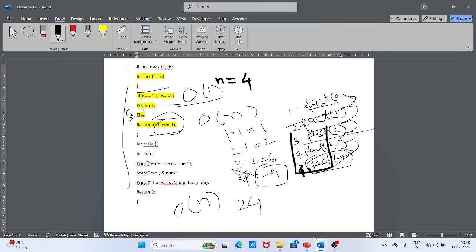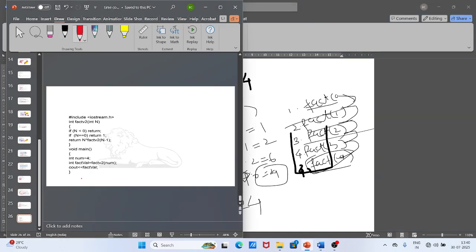Okay, so we come to the end. To summarize today's lecture, one is time complexity. Basically, time complexity helps us understand how fast a program runs. Next is space complexity. Space complexity tells us how much memory it needs.